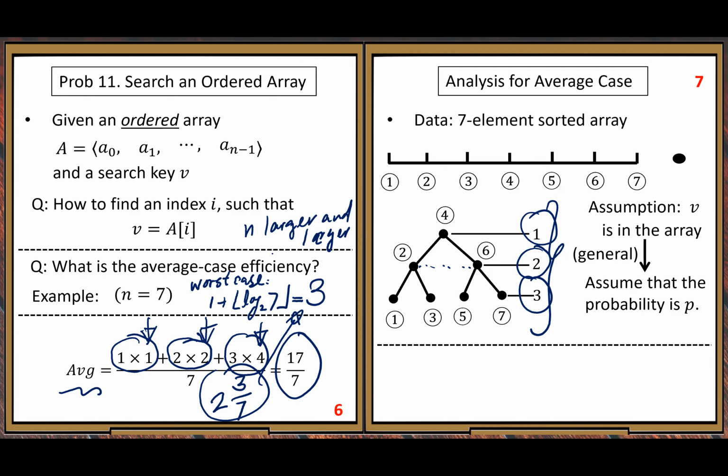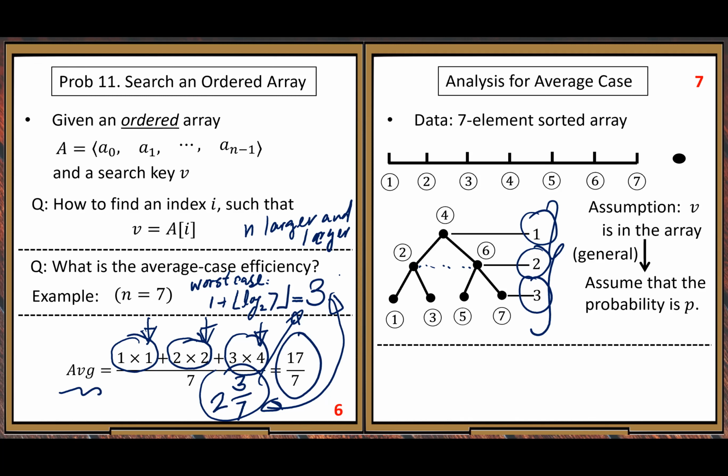The difference between the worst case and the average case is always less than 1, for any n. So you can see how close they are. That is the way we calculate the average case.